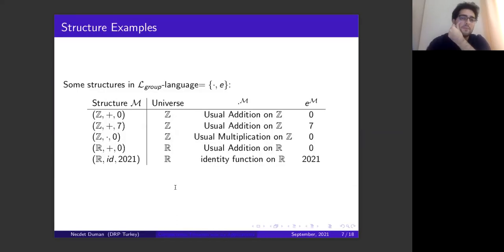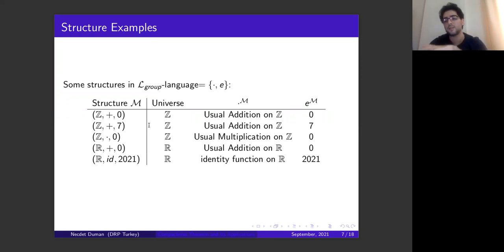We have some examples here, again in the group language. The group language has a function symbol and a constant symbol. So we will have a base set, a universe, a function on the universe, and a constant from the universe in the structures. The first example is the group of integers with respect to addition. Our base set is the set of integers. We have the usual addition as the interpretation of this function symbol, and 0 is the interpretation of the constant symbol.